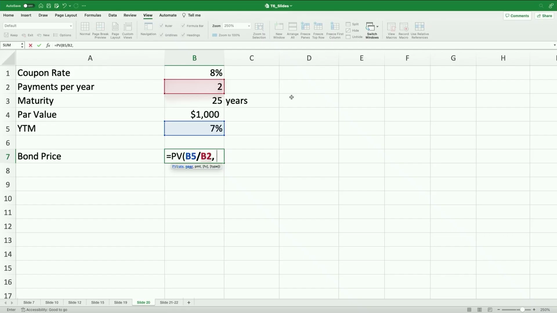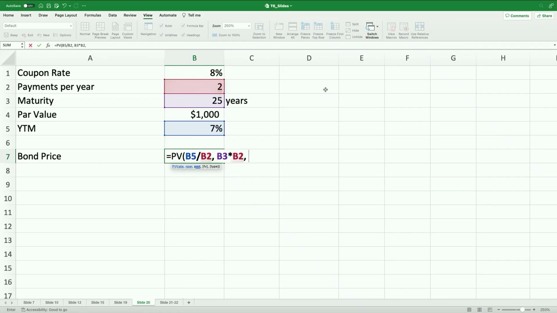All right, the number of periods. In this setting, it's the number of coupon payments. Well, there's 25 years worth of 2 coupon payments per year. So that's 50. Just think of this as there are 50 6-month periods in 25 years, and coupon payments are being made every 6 months.